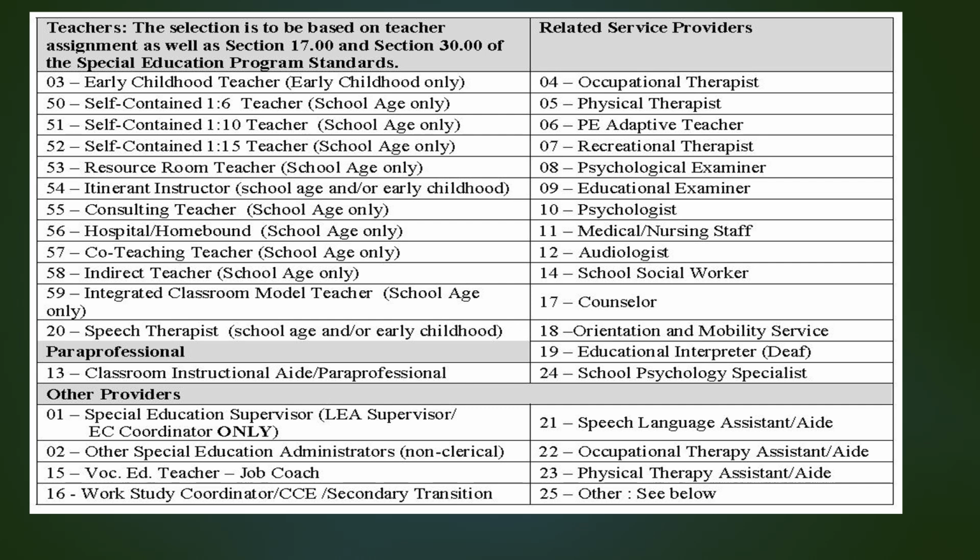This chart is also in the Employee Data Dictionary that can be downloaded from our website. Remember that if someone has more than one of the 59 title codes that describes their job responsibilities, the FTE, also known as full-time equivalency, has to be divided between the codes so that their FTE is equal to or less than 1.